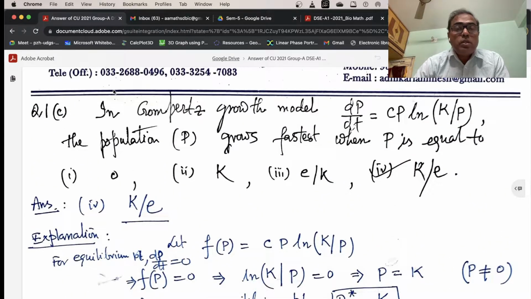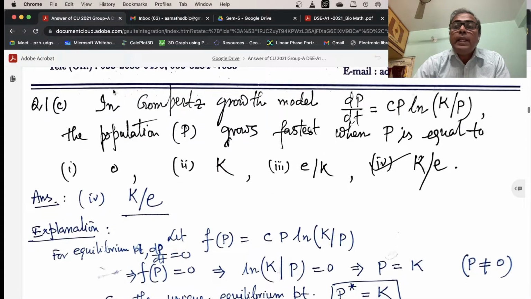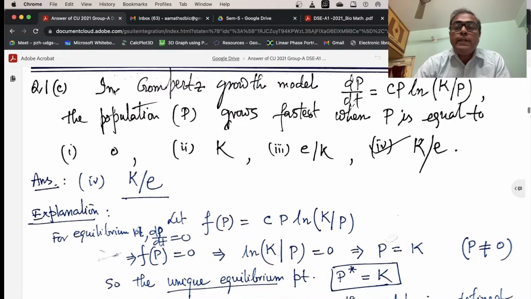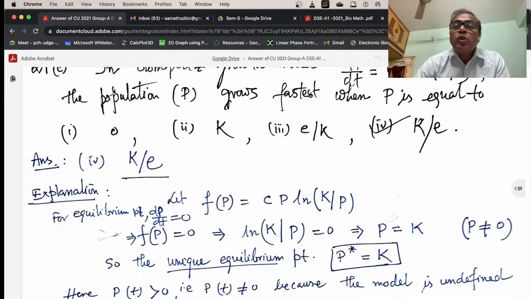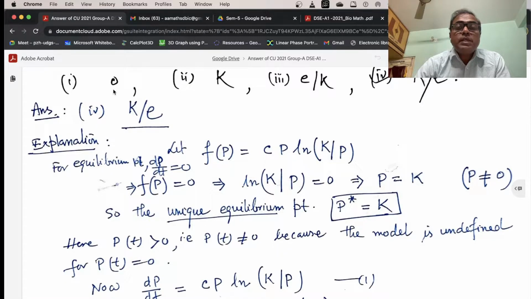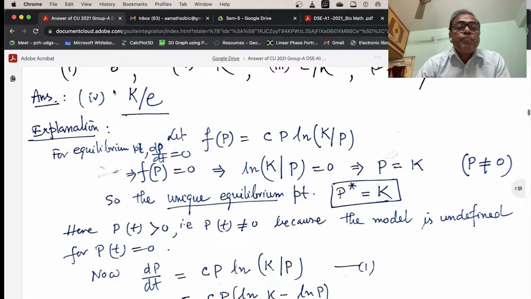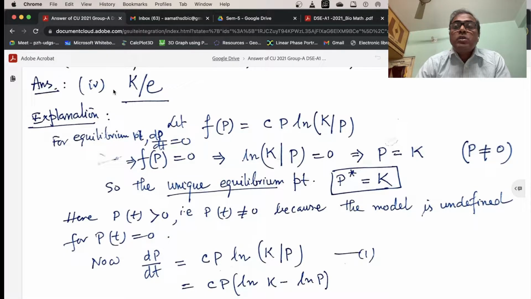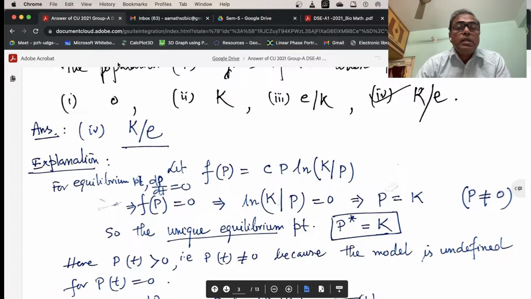So A(P) = CP ln, meaning log to the base e, K/P. For the equilibrium point, dP/dt = 0 gives A(P) = 0. This implies ln(K/P) = 0. So obviously P = K, and P is not equal to 0, because if P = 0, then the model is undefined.